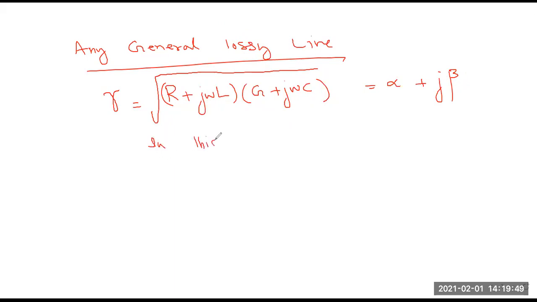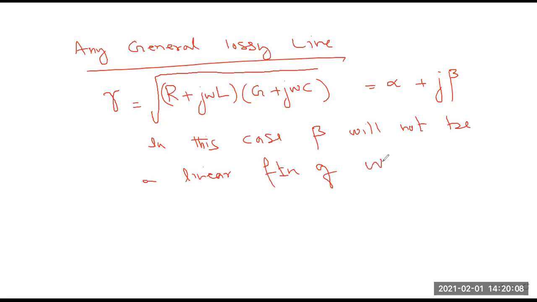So let me write it down. In this case, beta will not be a linear function of omega.